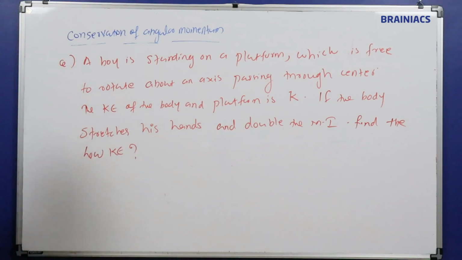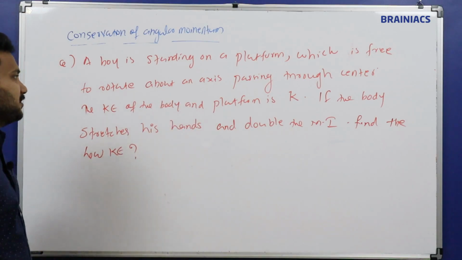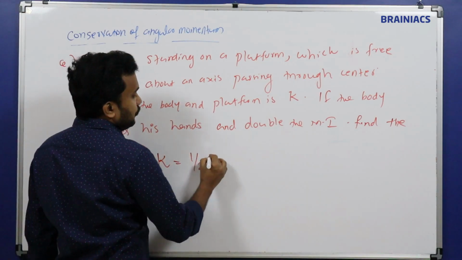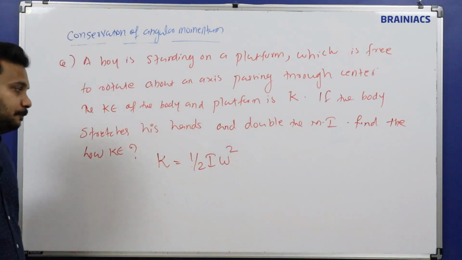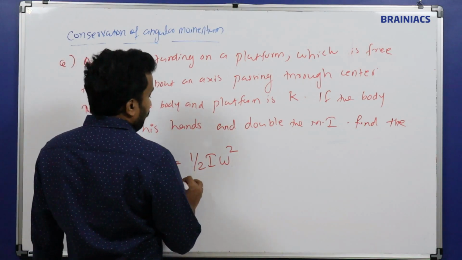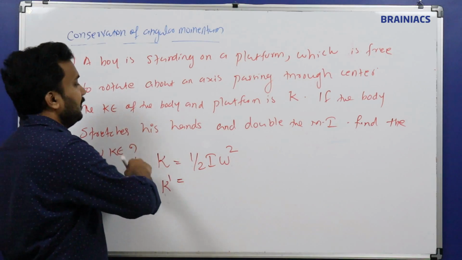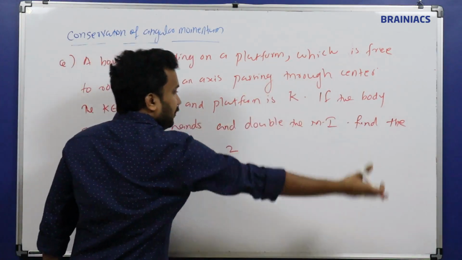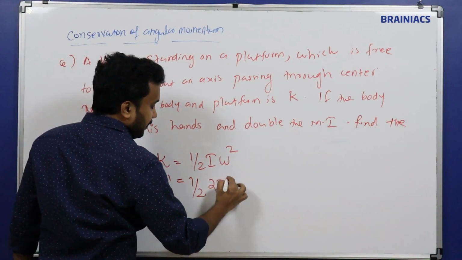First, it is given that a boy is standing on a platform which is free to rotate about an axis passing through the center. Its kinetic energy is K equal to 1 by 2 I omega square. This is the relation with respect to moment of inertia. Now the new kinetic energy K dash: he stretches his hands and doubles the moment of inertia, so 1 by 2 into moment of inertia becomes 2I.